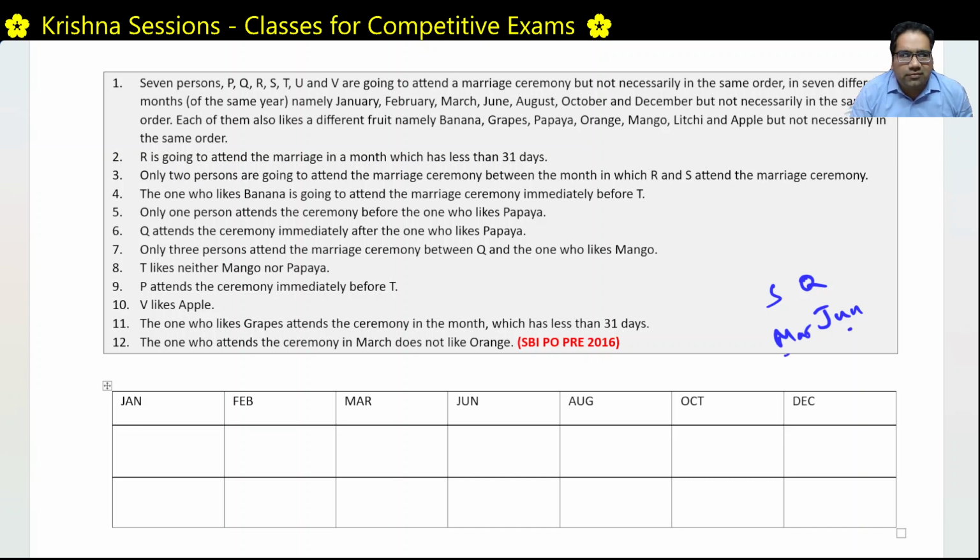Or otherwise, what if you had gone by the order of persons, then Q or S, we will write it like this. Then it becomes difficult. S went before Q. Then the calculation will become difficult. Q is June, S is before Q, which is March. It becomes a little difficult.